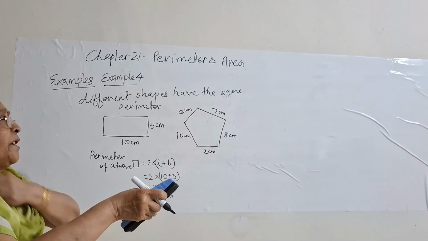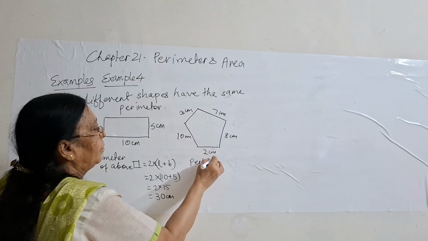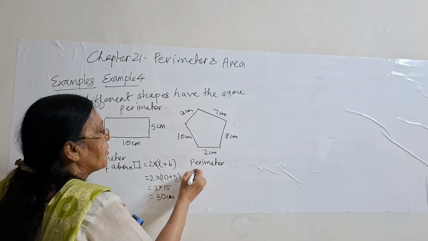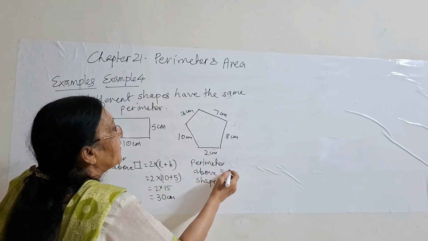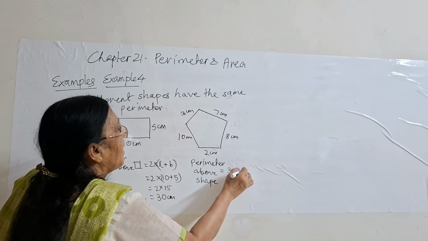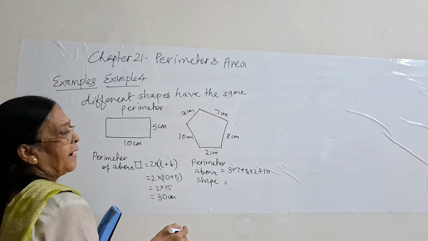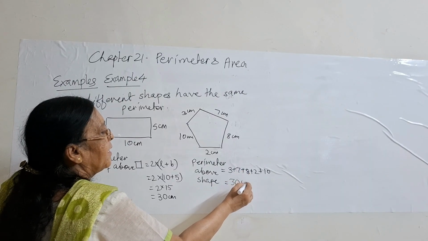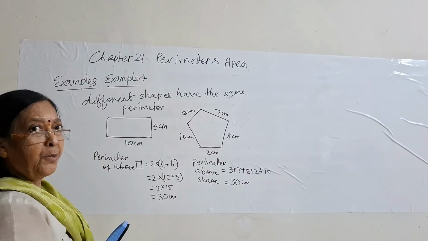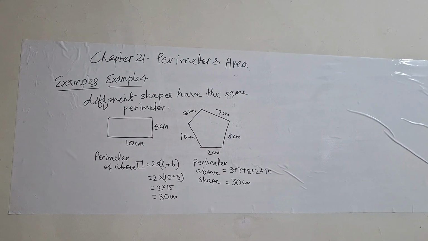Whereas the perimeter of the pentagon is the sum of all its sides: 3 plus 7 plus 8 plus 2 plus 10. So 3 plus 7 is 10, 10 plus 8 is 18, 18 plus 2 is 20, 20 plus 10 is 30. So this is how we find the perimeter of a rectangle and of different shapes with the same perimeter.